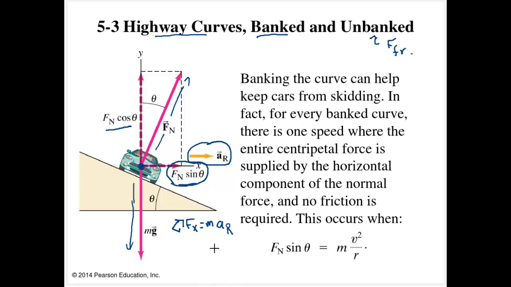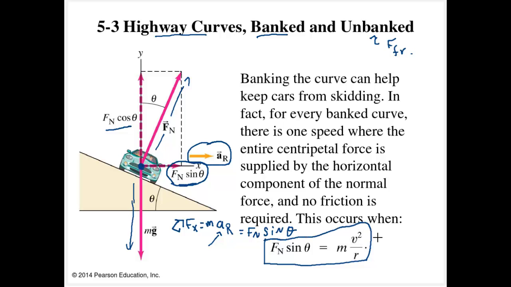All I need would be my normal force multiplied by the sine of the angle. Knowing of course that acceleration is v squared over r, we could write this equation right here.